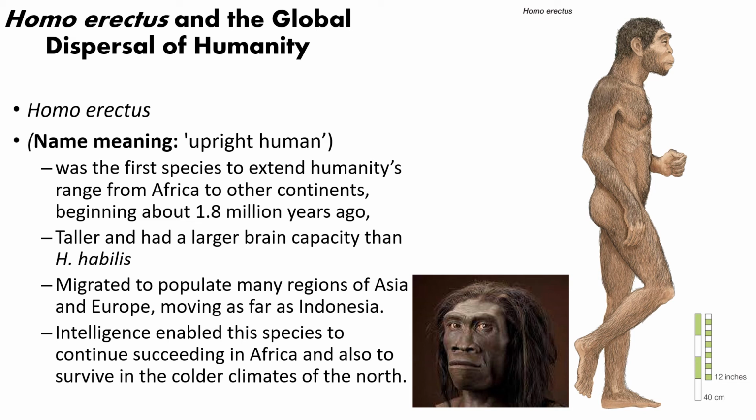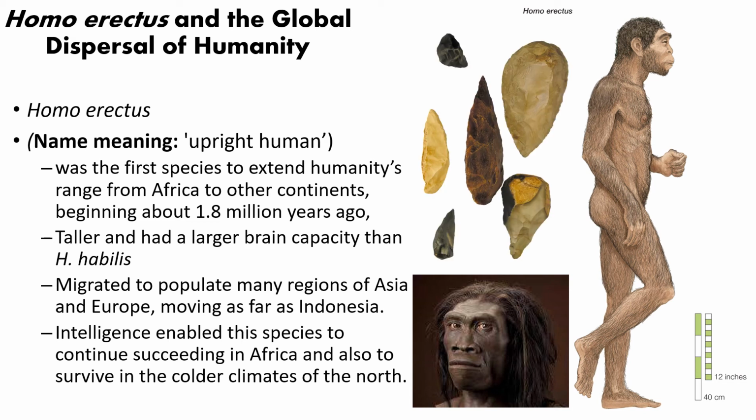And this is important because leaving Africa, their place where they evolved, requires intelligence. You have to be able to deal with colder climates of the north, be able to navigate. And so it's thought that Homo erectus would have this capability. We also see more sophisticated tools being produced at this time with this group.